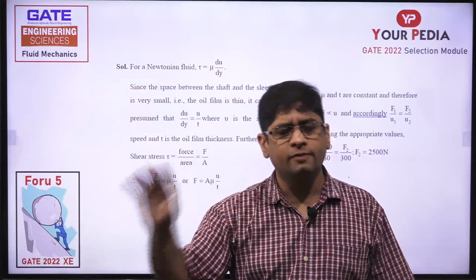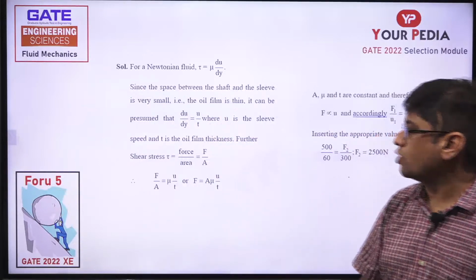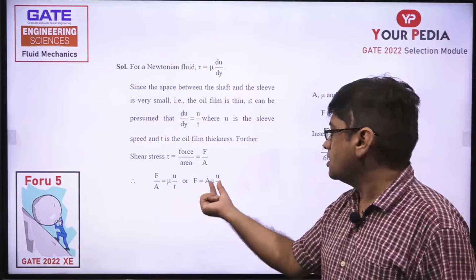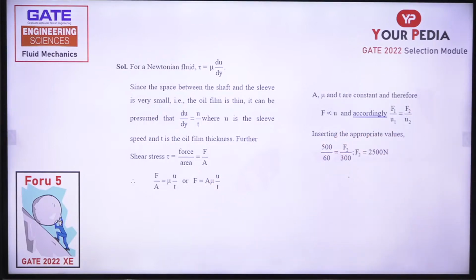In the majority of questions, a linear velocity profile will be given. So you get u by t. And if this is the shear stress, how do you find the drag force? Shear stress into area of contact gives me the drag force. So the drag force is mu u by t into the contact area.